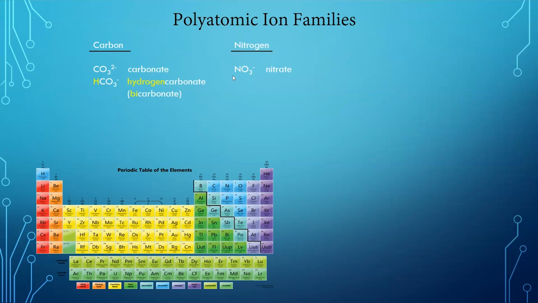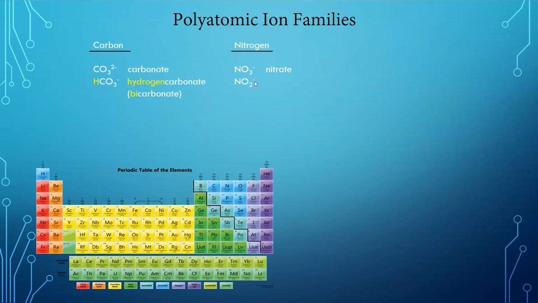So we'll only add hydrogens to polyatomic ions if they have at least a -2 charge or greater. However, there is a second thing that one can do to polyatomic ions, and that is we can remove an oxygen. The rule is very simple. When you remove an oxygen from a polyatomic ion, the charge remains the same.